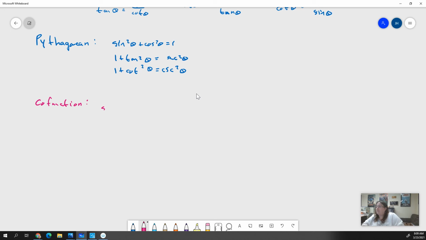So if we have sine of pi over 2 minus theta, or in your book it might say minus u, it would equal cosine of theta. If I have cosine of pi over 2 minus theta, it is going to equal the opposite, right? It's going to be sine of theta.